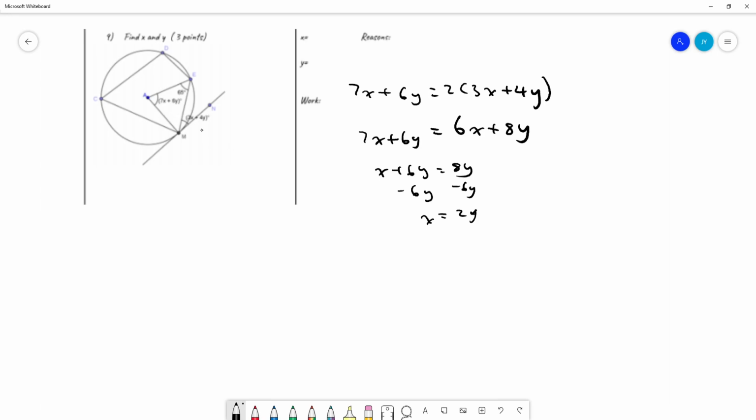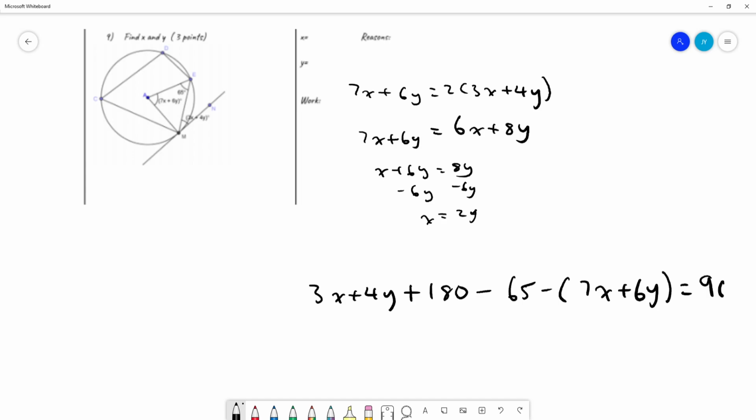It's going to be this angle, 3x plus 4y, plus 180 minus these 2 angles, minus 7. Actually, hold on. Minus 65 minus parentheses, because I have to set the expression equal to 90.